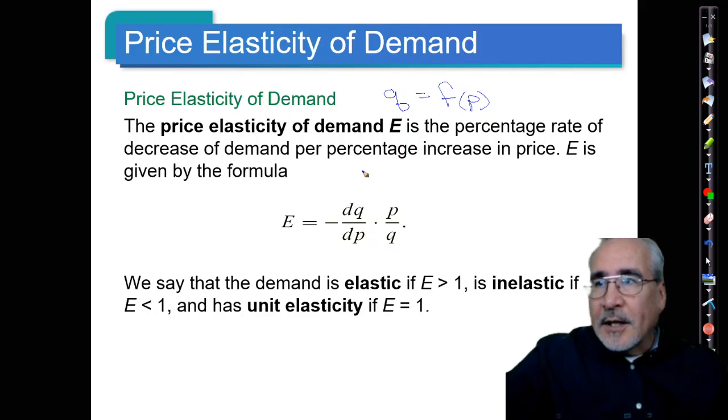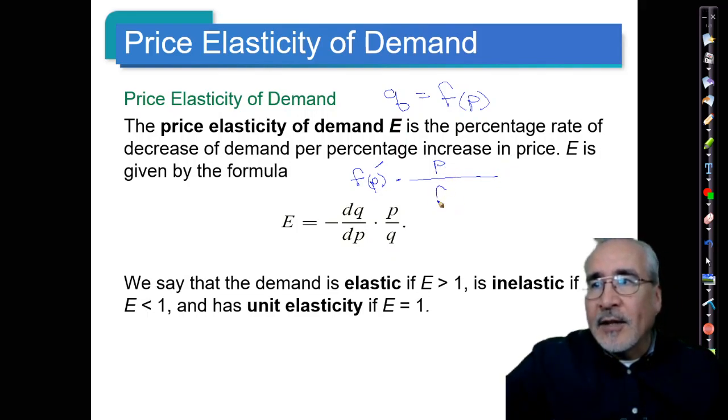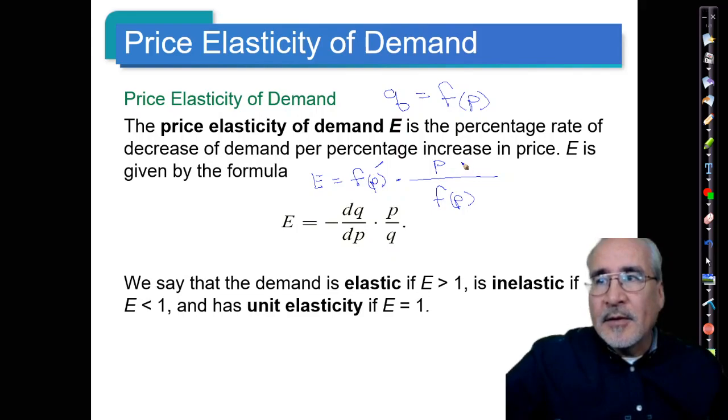And so this part here is the derivative of the function. P is just the variable P, it's the price. So a lot of times when we know that particular price, we just are going to plug a number in there, and then in the bottom here is the actual function, not the derivative function, but just the function itself, f of P. Okay, so here's another way of writing this notation: elasticity is equal to the derivative of the demand function times the variable P divided by the demand function.